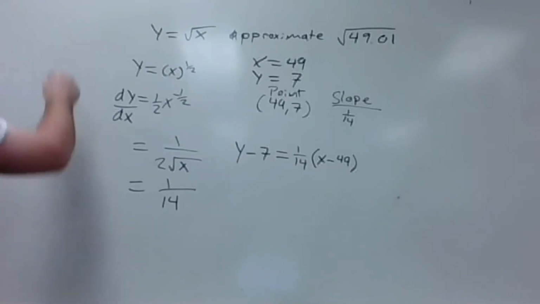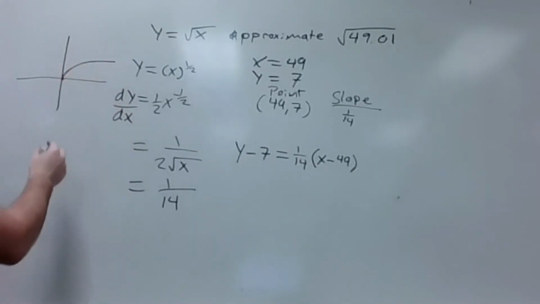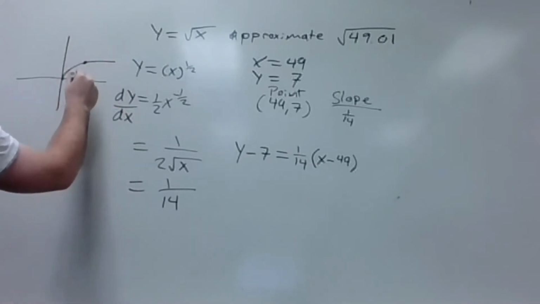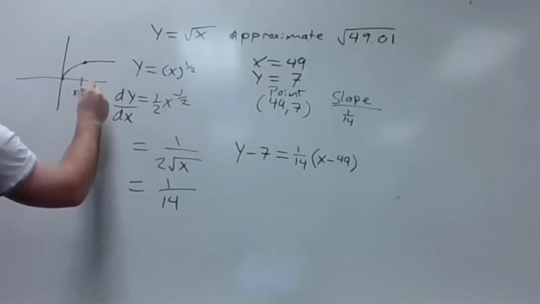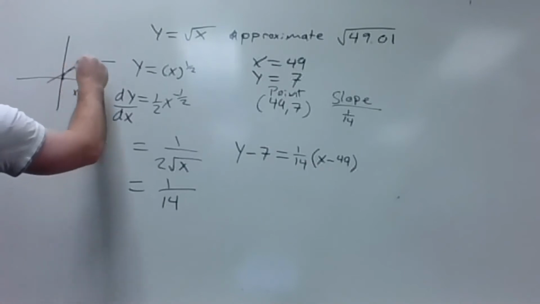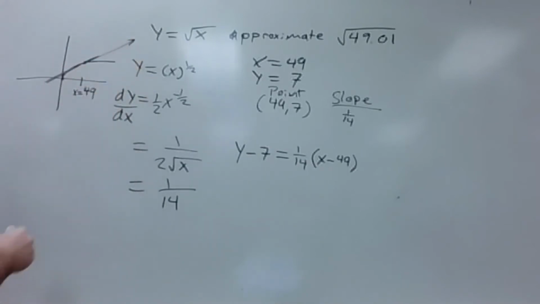So essentially, we have a curve that looks something like this, right? And we have this point. Let's say this is x equals 49. We're going to have this line that's tangent. If we look at it really closely, it's practically the same line for a long time.